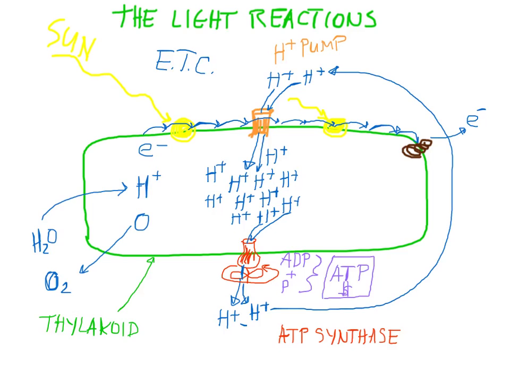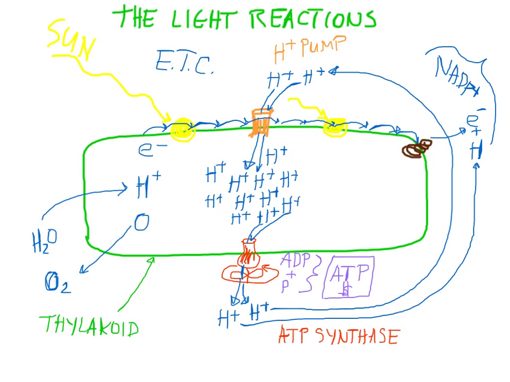And some of these hydrogen ions migrate around here, and they get combined with these electrons and NADP+. The three of these get together and form a molecule of NADPH, which is also a very good energy storage molecule.